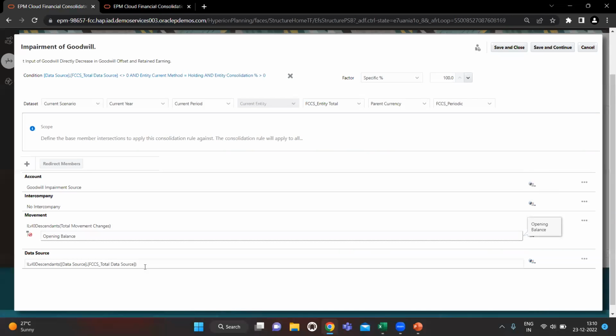And we have total data source, that is a data source dimension member, and with this plus icon you can create many other sources which you want to take in this. We can take the custom dimensions and multi-GAAP, local GAAP entities, whatever you want you can take, but right now I'm taking these members. So let's save and close.